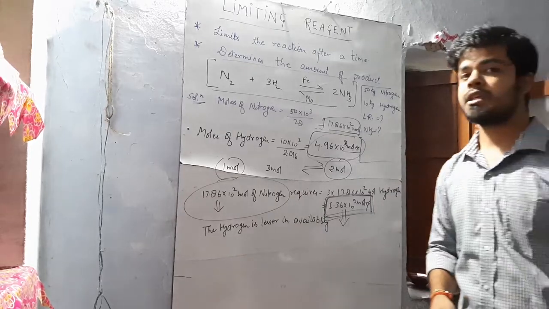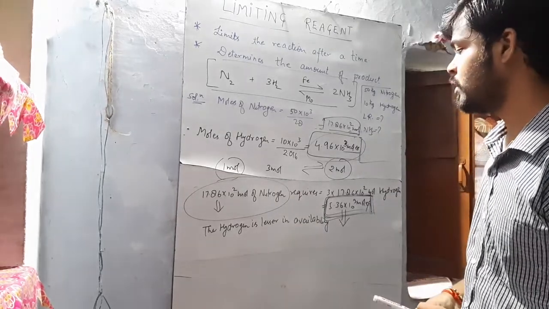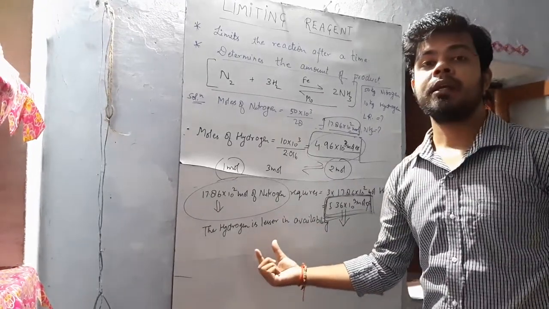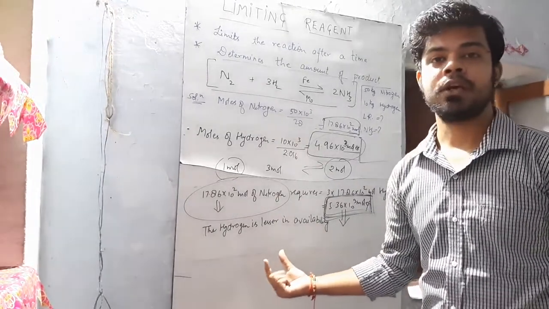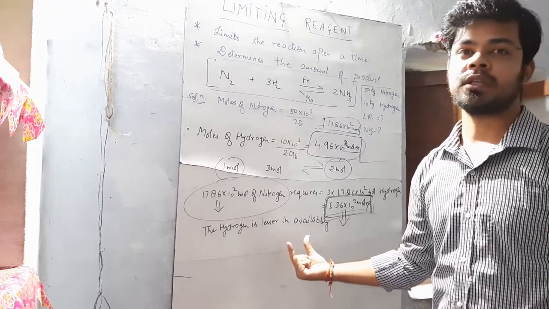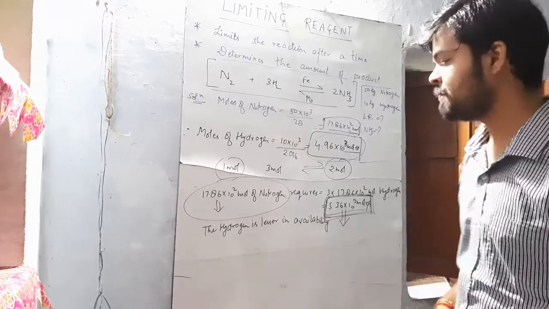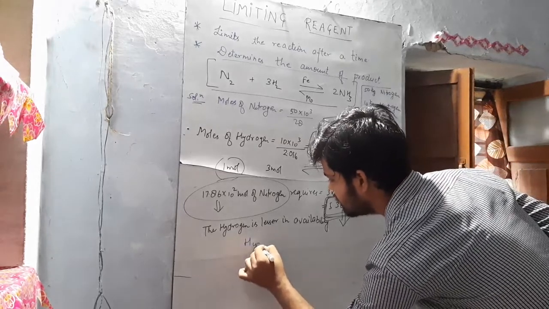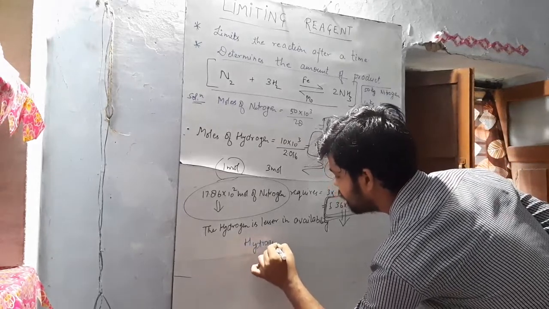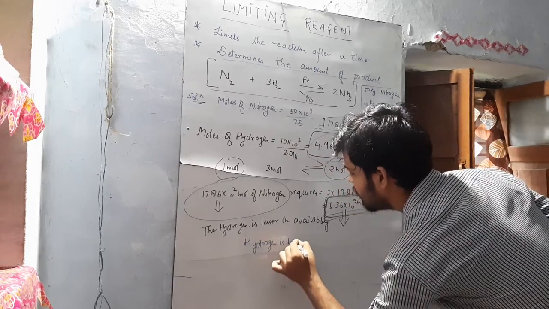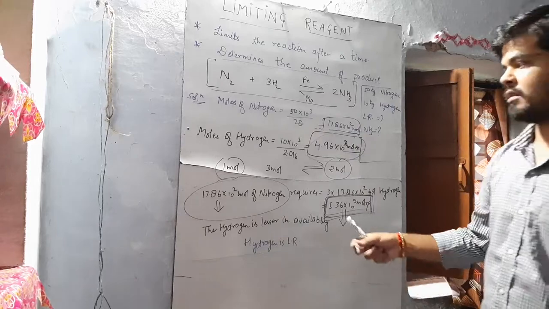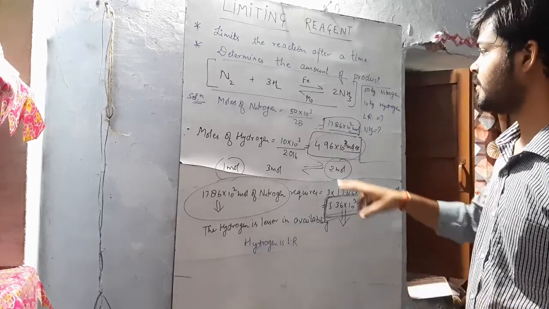The hydrogen is lesser in availability, and I have told you that the reactant that is lesser in the availability according to the balanced chemical equation is called the limiting reagent. So we have concluded here that hydrogen is the limiting reagent.